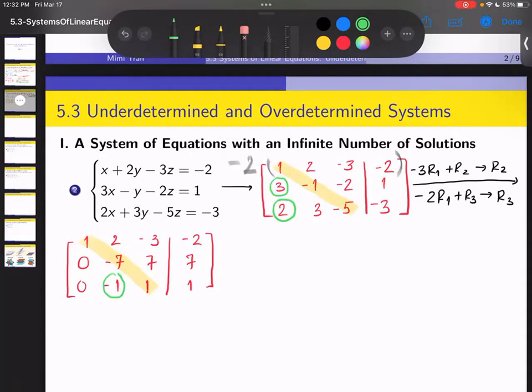But what if, hypothetically, one of them is like 5 here? Then you run into fractions, right? So usually I just multiply the whole row by some number and add to another row, so I don't run into fractions. So that's what I'm going to do. I'm going to multiply the third row by -7. Why -7? Because I need it to be the opposite.